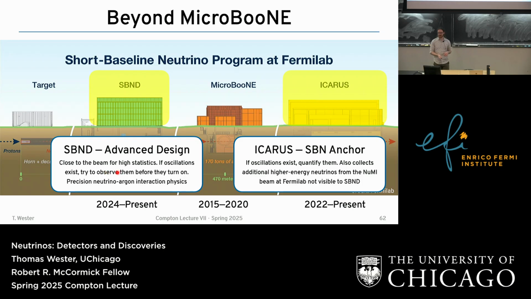So SBND is hoping to see oscillations turn on, if they exist, before they're at their full extent in the ICARUS detector. You can use both detectors together to really map out the space of sterile neutrino oscillations if they exist. And because SBND is so close to the beam, it will have a lot of neutrino interactions, which will be very helpful in constraining different model uncertainties that go into these analyses.